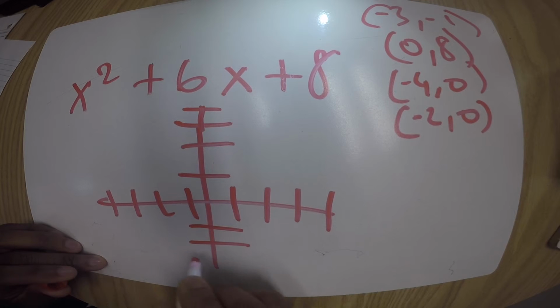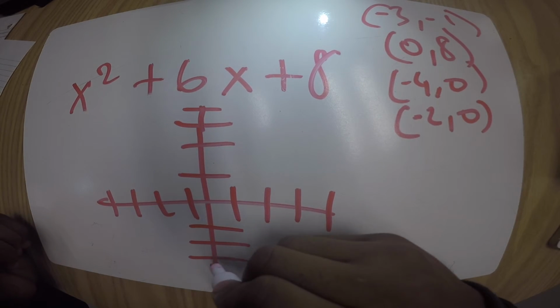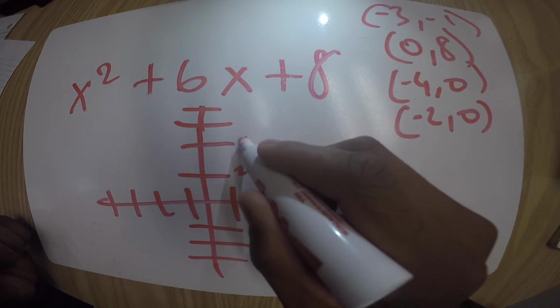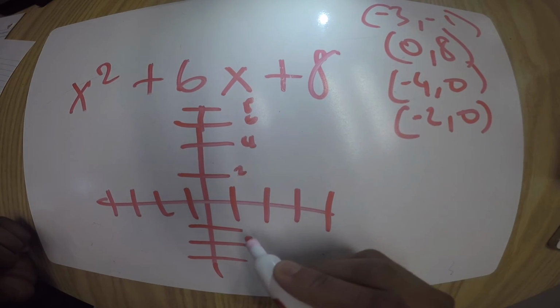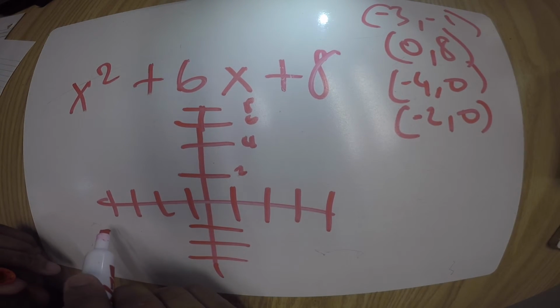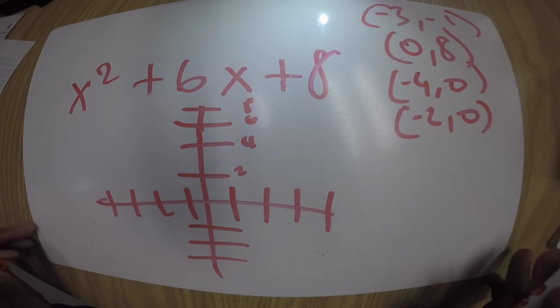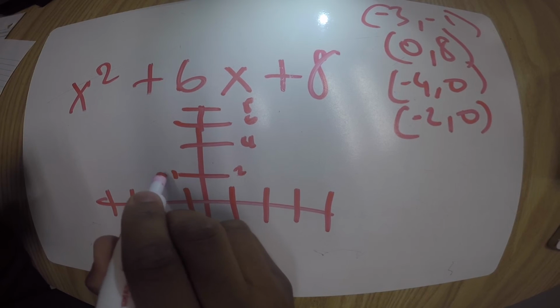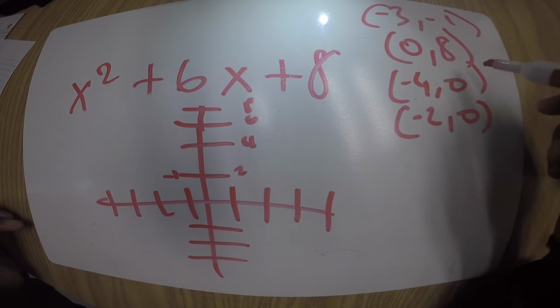Let's do our y scale by 2's. So these are going by 2's, and then these are going by ones, okay? Cool, so let's just graph these.